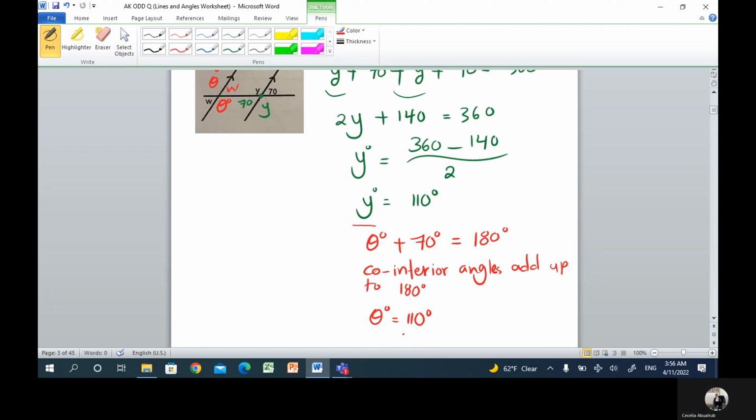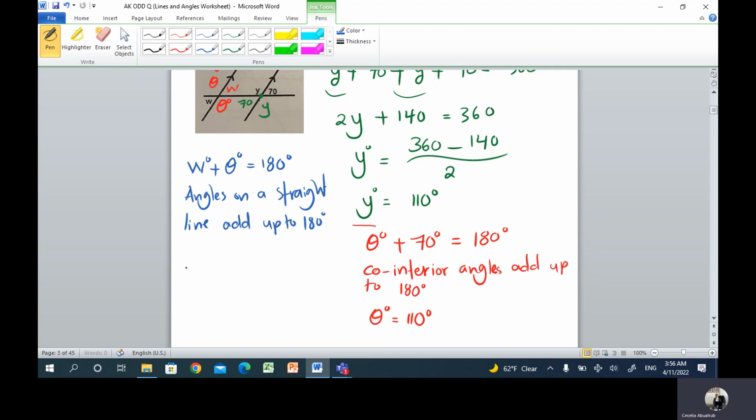And at last we're going to say that W, which is my unknown, plus theta is equal to 180 degrees. Angles on a straight line add up to 180 degrees.